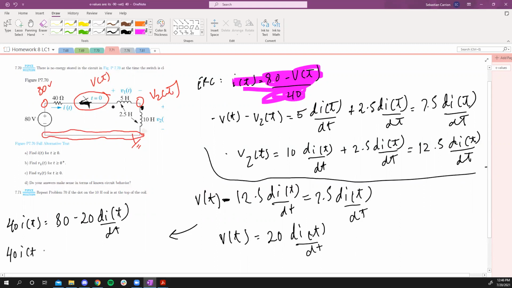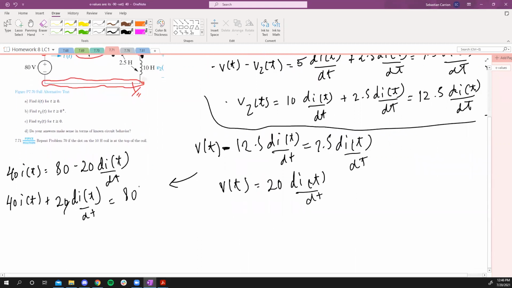So 40 IT plus 20 dIT over dt equals 80. We simplify this: 2IT plus dIT over dt equals 4.